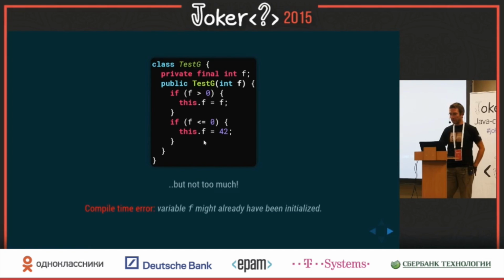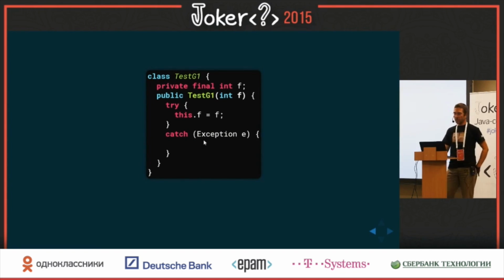Well, unfortunately, this code will not compile because Javac does just a very restricted analysis of the code, and this code will already be rejected because Javac thinks that f may be initialized 2 times. Although we semantically know that cannot happen. There are other examples. For example, this code, do you think it will compile?